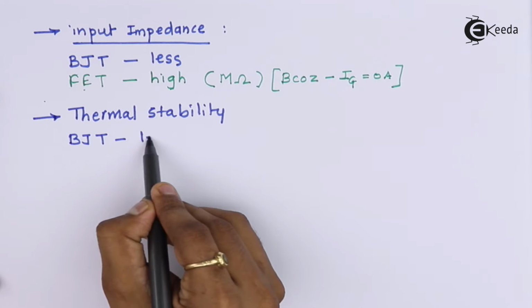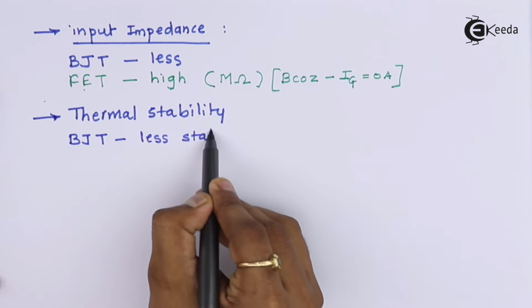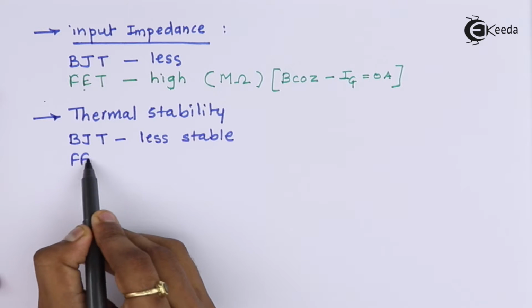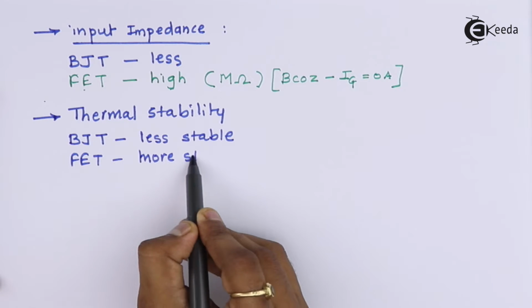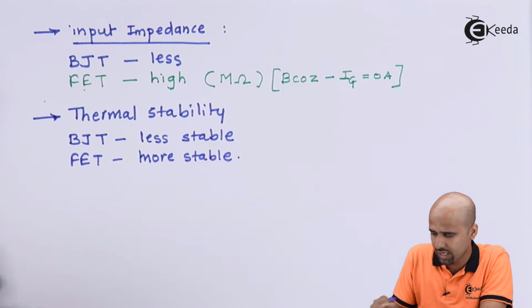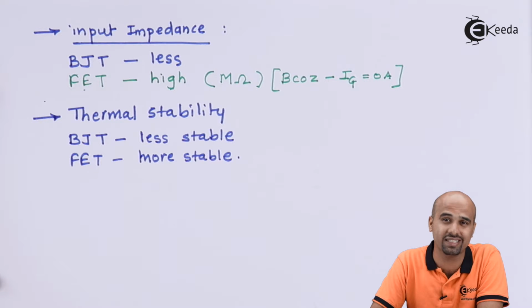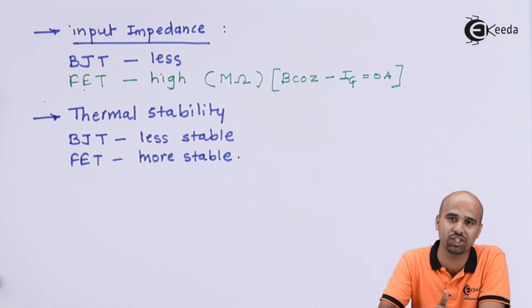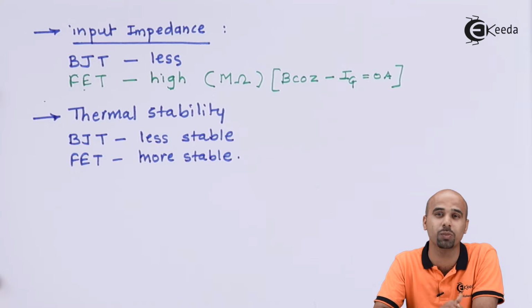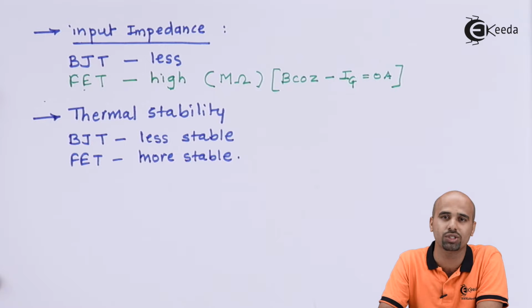BJT is less stable and FET is more stable. The reason behind that is BJT is a bipolar device, and that is why we have minority charge carriers. Current is much responsible for your operation as an amplifier.